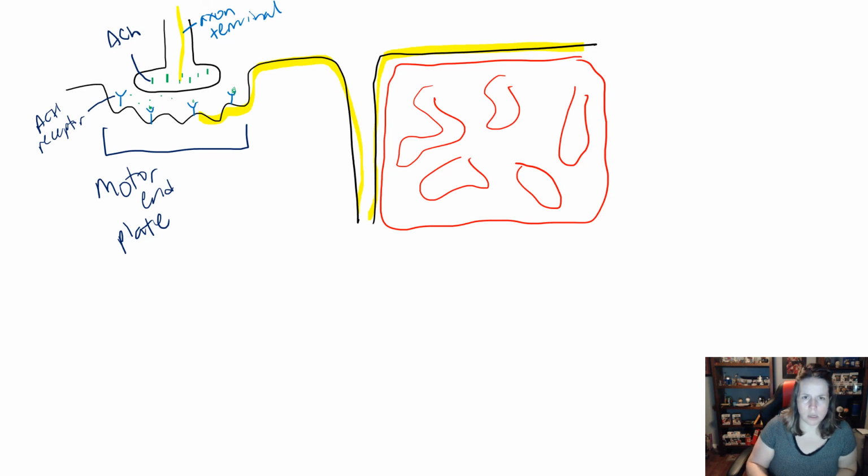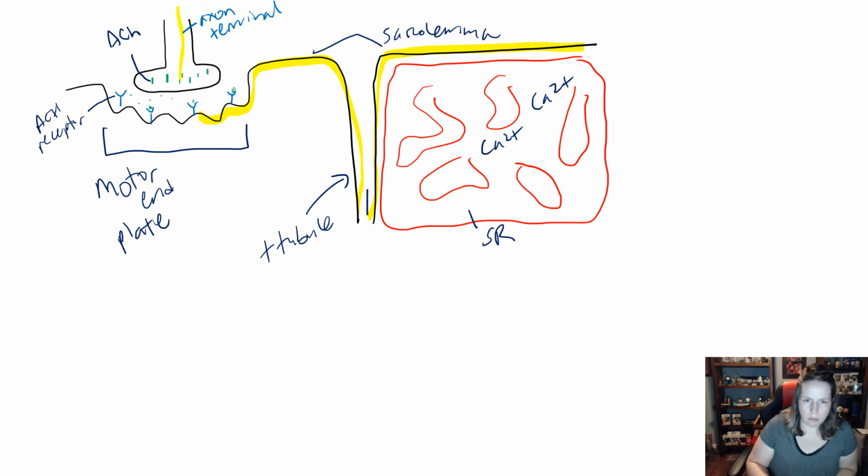Here is the sarcolemma. This is that invagination, the T tubule. This is our sarcoplasmic reticulum, the SR, and it's full of calcium.